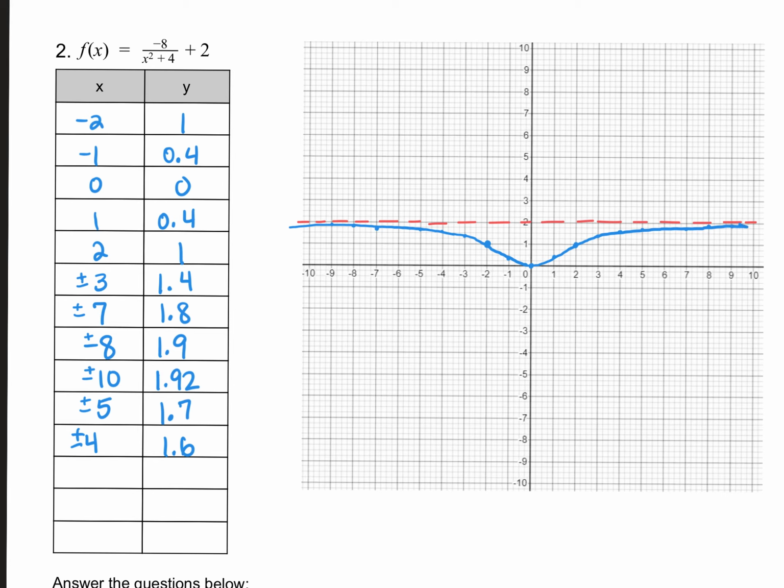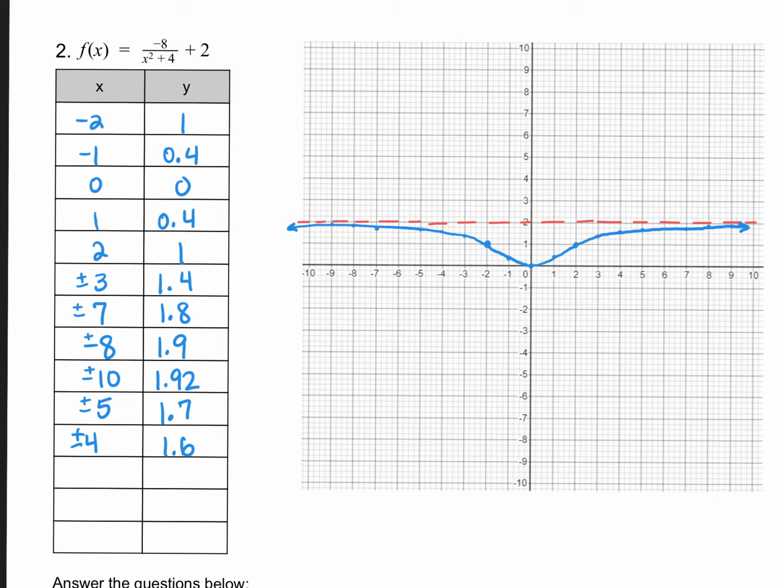So we end up with this graph. It sort of looks like a hill or a valley, almost like a parabola that was cut off and then squashed. We've got a couple different ways we could describe that. So that's a decent graph. We plotted enough points that we could really get an idea of what this graph is doing.